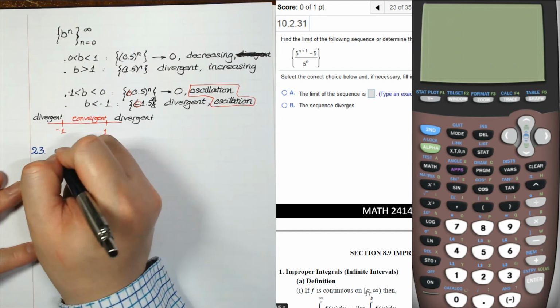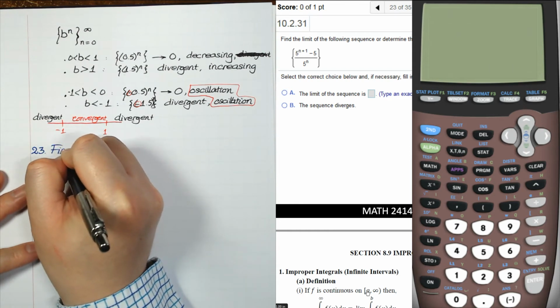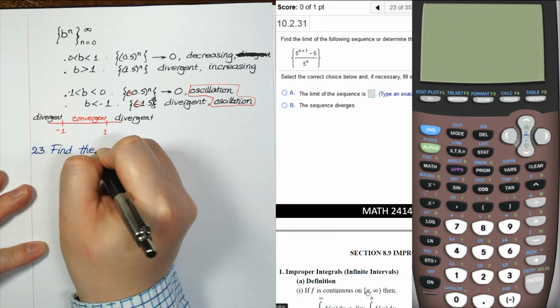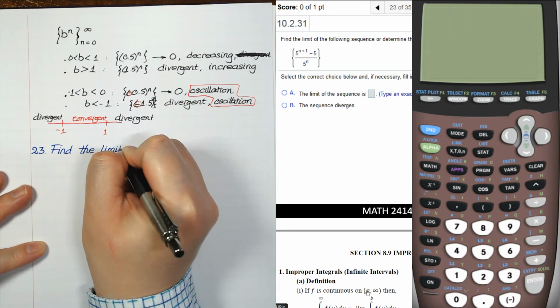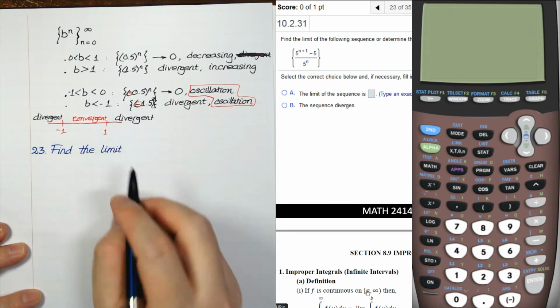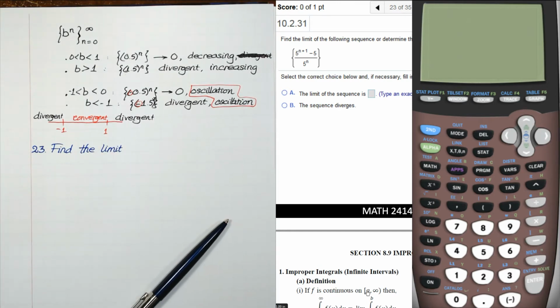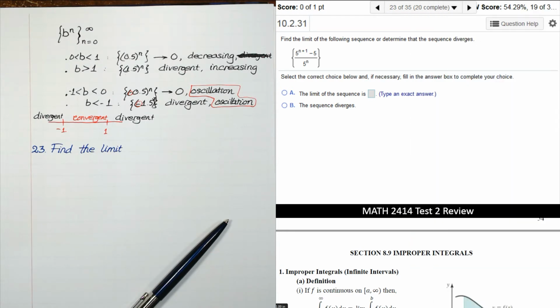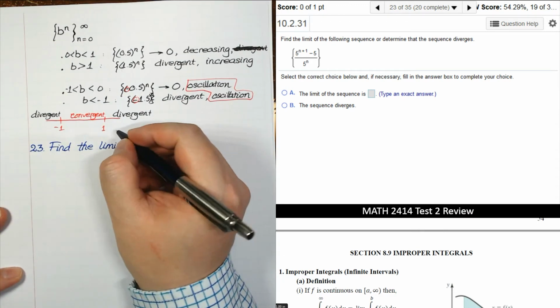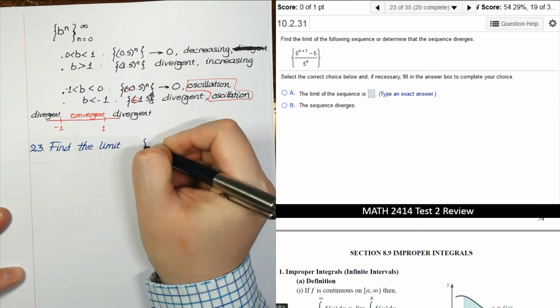Find the limit of the sequence. So the limit of a sequence is kind of the same as the limit of a function, except in the sequence we have n instead of x.